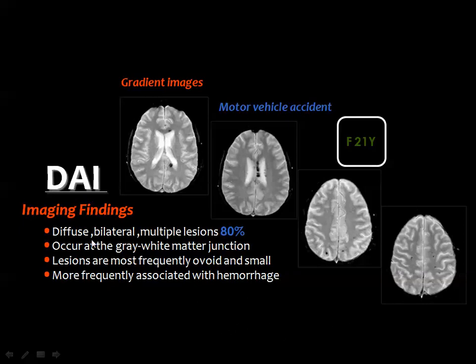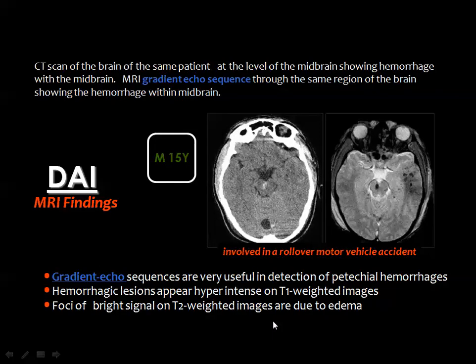And diffuse bilateral multiple lesions are seen in about 80% of the cases, and the lesions occur at the gray-white matter junction, and also in the region of the corpus callosum and in the brain stem. And the CT scan is less sensitive compared to MRI in detection of these lesions, and the gradient echo sequence is more sensitive for the detection of hemorrhagic foci.